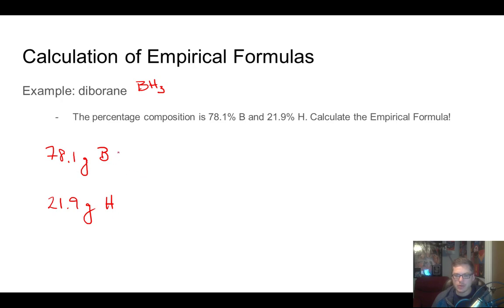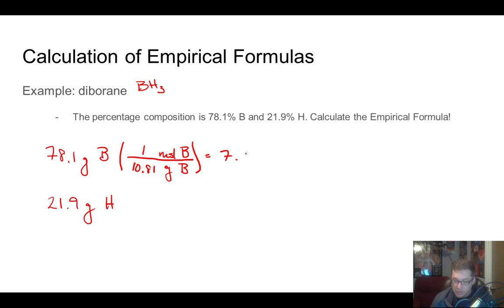Now we go mass to mole. We have to divide these and get them to moles. So we'll put grams of boron in the bottom, moles of boron in the top. Remember, we always put 1 with moles. We find boron on the periodic table, right above aluminum, and its molar mass is 10.81. So we take 78.1 divided by 10.81, and we get 7.22.